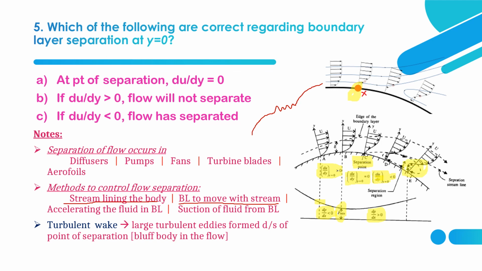So what is the turbulent wake denoting? The large turbulent eddies formed downstream of the point of separation. So downstream of the point of separation is the turbulent wake. We can say bluff body in the flow. So these are the main points to be noted regarding boundary layer separation.